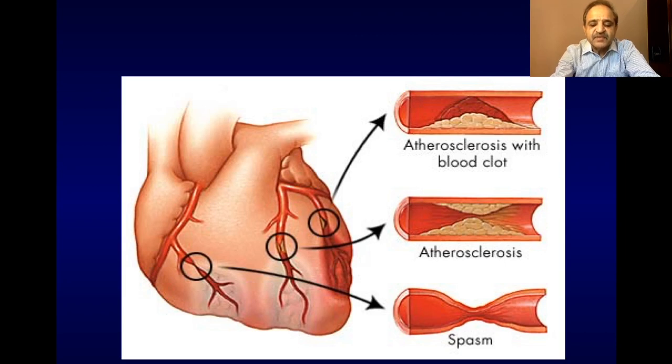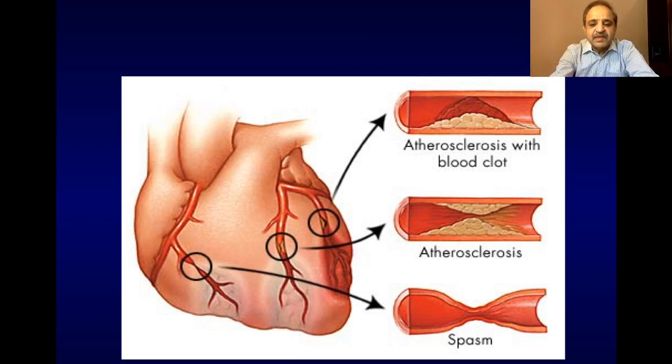They feel pain in the chest on exertion, and once the exertion is over, they feel all right, the pain is gone. And these are the patients who suffer from ischemic heart disease which is stable, and we call it stable angina pectoris.